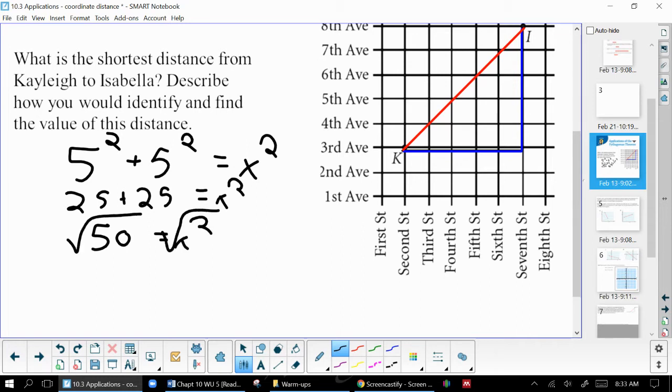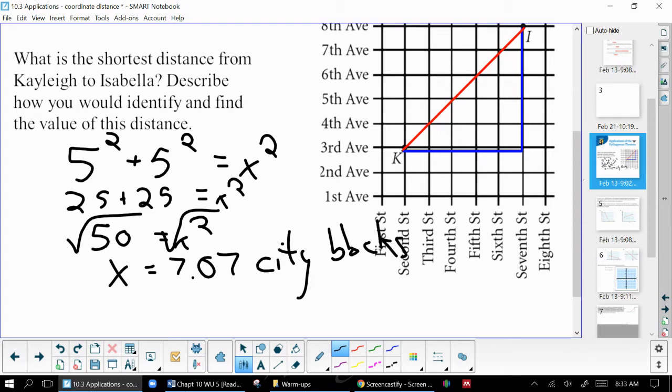Now for this application, for now, we're going to go ahead and use just a decimal answer. So we'll punch the square root of 50 into our calculator, and we get x equals 7.07, or 7.1 if you want to round to the nearest tenth. And those are city blocks in this case as a unit.